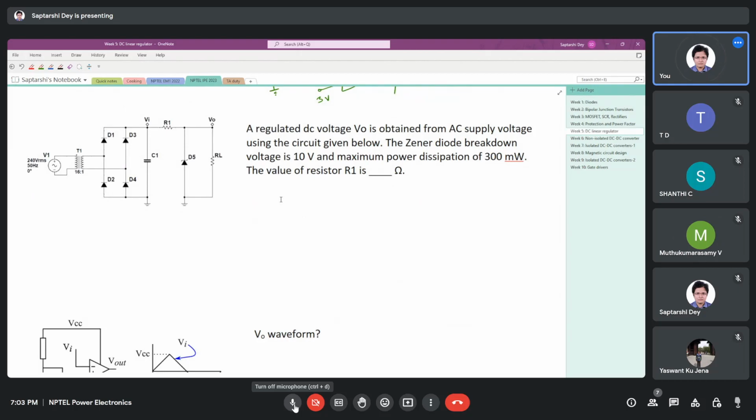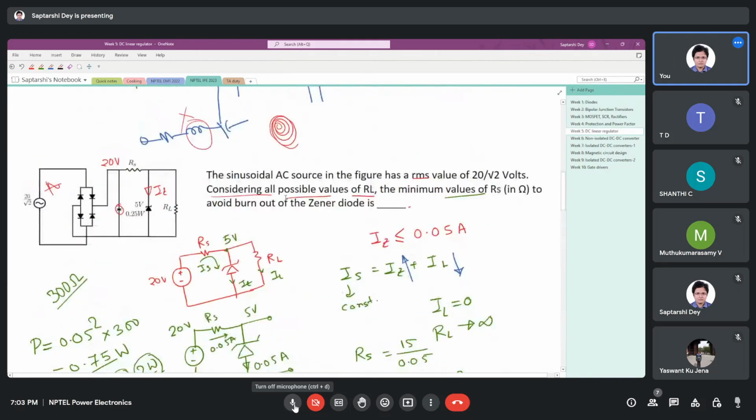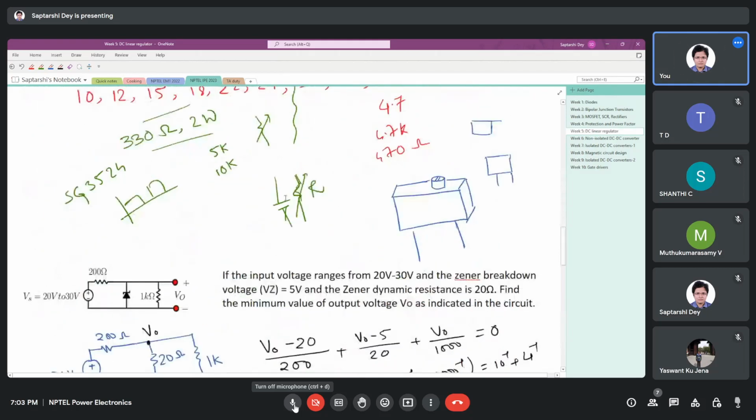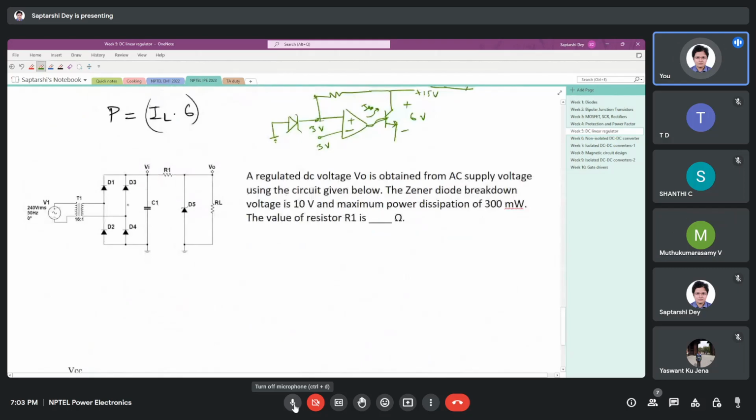Same question. We did such a question sometime back, no? The first question, rectifier. Yes, sir. Only thing is that there is a transformer here. So we can find out the value of VI, assuming C1 to be very large.